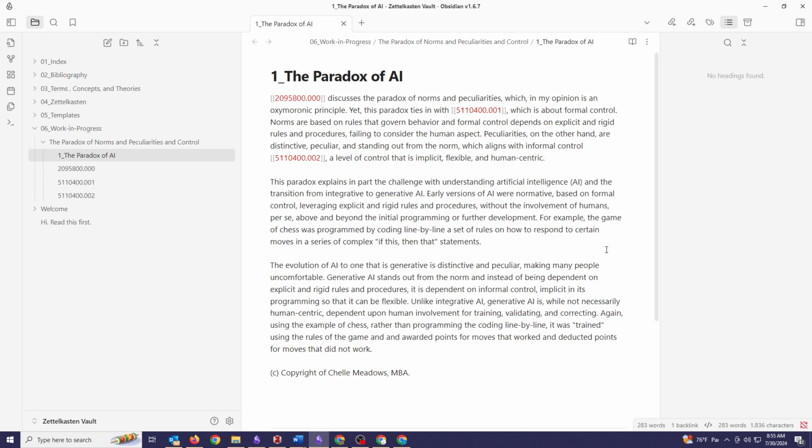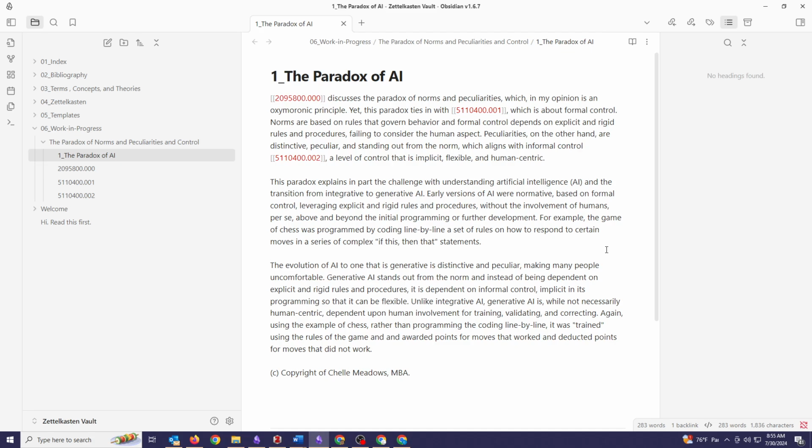Okay. The hype now is about what's called generative AI. And these are your LLMs, your large language models like ChatGPT, Claude, Meta AI, Copilot, that are using natural language processing combined with machine learning to generate content. So instead of the rigid rule control that we have within a normative programming, we now have informal control that is flexible, adaptable.